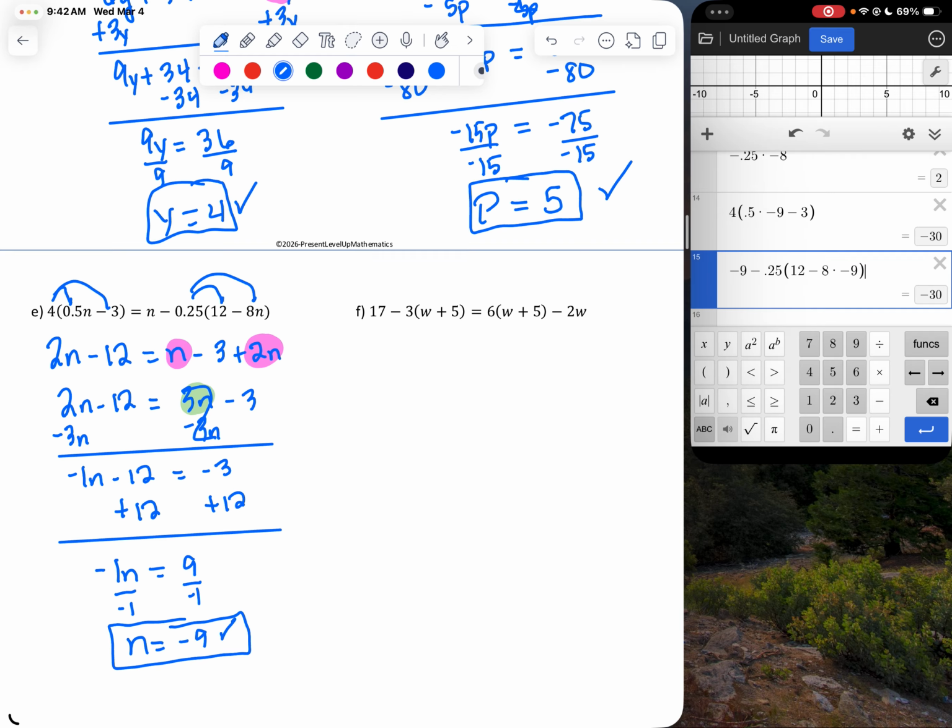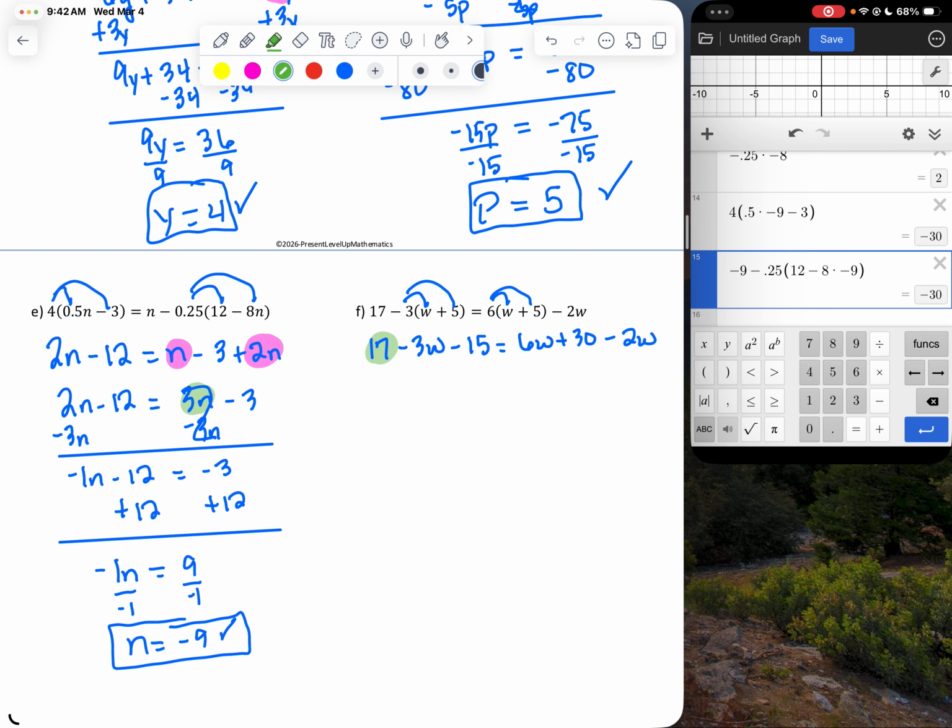All right, welcome back. Let's see how you did. So I brought down the 17. I multiplied everything in this parenthesis by negative 3 to get negative 3w minus 15. On the other side, I multiplied everything by 6 to get 6w plus 30, and then drop down your 2w. Now, combine like terms.